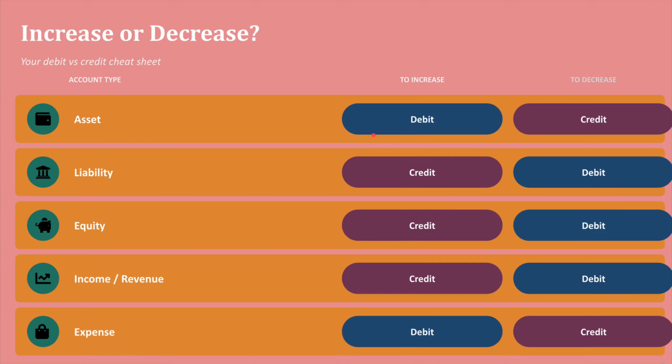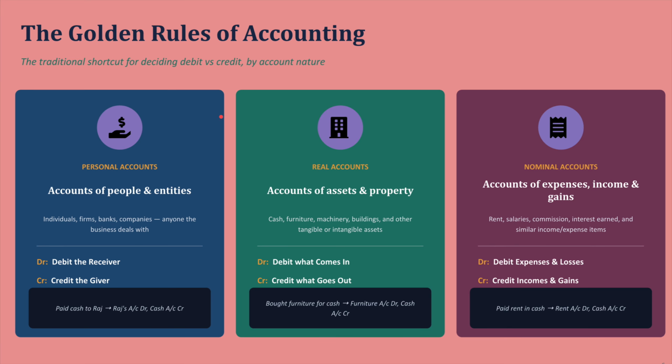You should also know what comes under assets, what comes under liability, what are the incomes. If you know that exactly, you will be able to credit and debit accordingly. Initially just try to understand this. Then one more way of remembering is the golden rules of accounting. Here all the accounts are classified into three main categories.